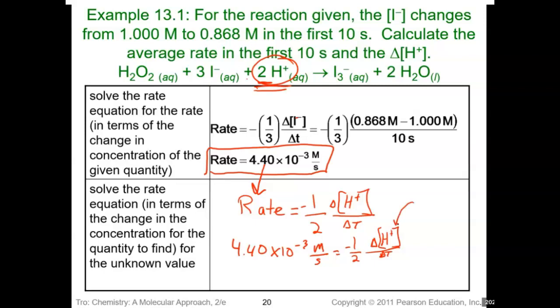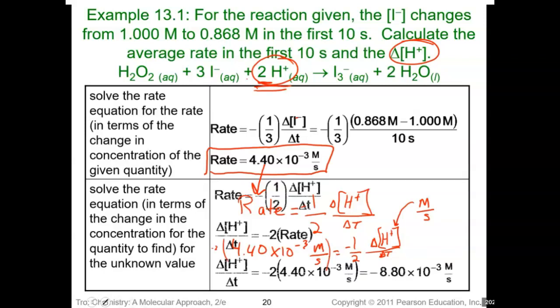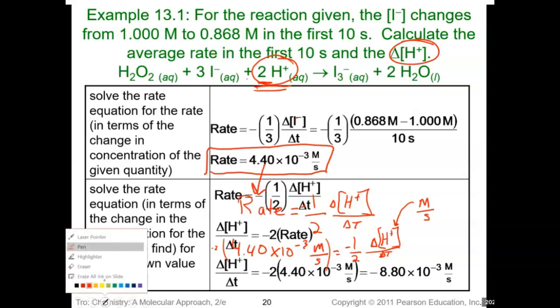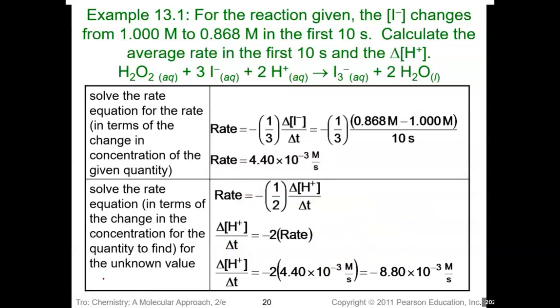And so the units of this will be molarity per second, right? That's the change that we're going to look at in this per time. And so all we need to do is we just need to multiply this by -2, right? And it should work out. So again, I have all that much neater here.